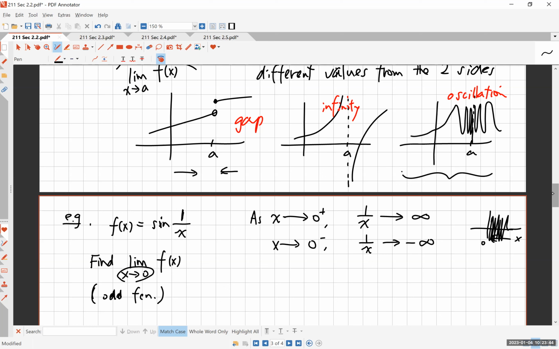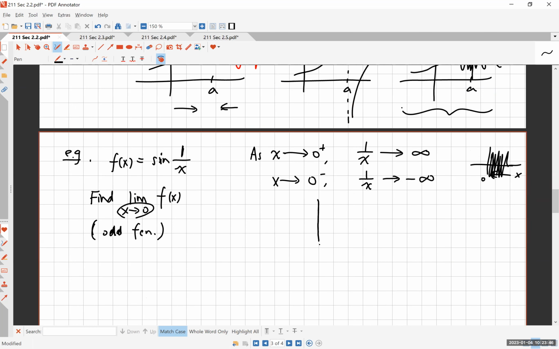So it oscillates in both directions. So here's the very weird picture. You can try to graph this on your graphing calculator. It really is cool. You can keep zooming in and zooming in, and it can't show you everything.